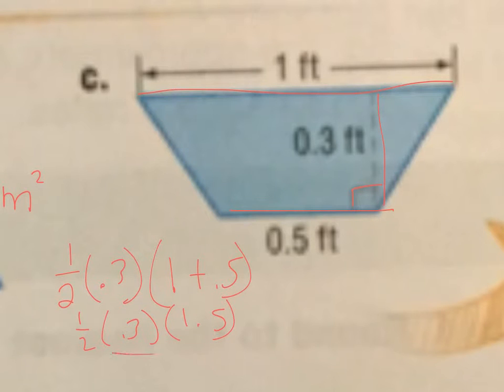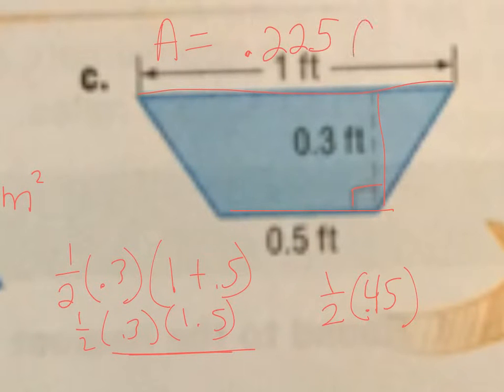Okay, so I'm going to do these two things first. 0.3 times 1.5 equals 0.45. Now I times that by a half, and it gets me an area of 0.225 feet squared.